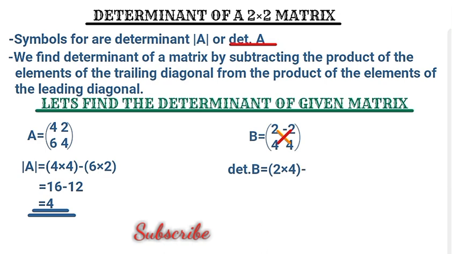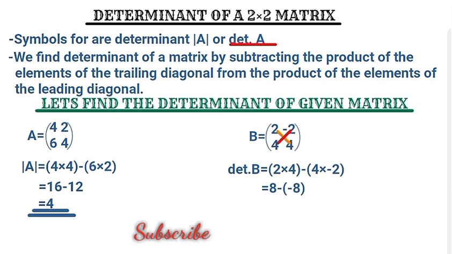So I'm going to say minus, then open bracket 4, then multiply by negative 2. Once I've done that, the next thing is to find the products of these expressions. So 2 by 4 will give us 8, then 4 by negative 2 will give us negative 8. So it's going to be minus negative 8.